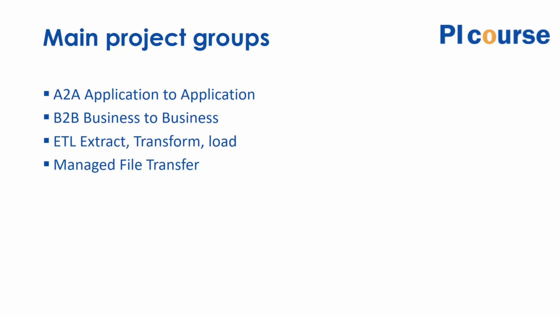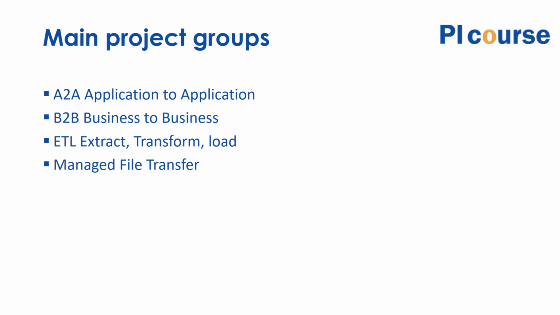And well, A2A, application to application, could also be from your SAP system on premise to a cloud application, because in that perspective it would still be, in my book, an application you're communicating with. You got the ETL, extract, transform and load, where you want to have big data loads, and then you got the managed file transfer, where you're just moving files around.